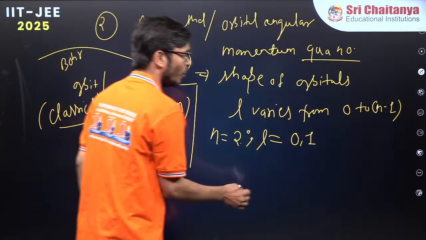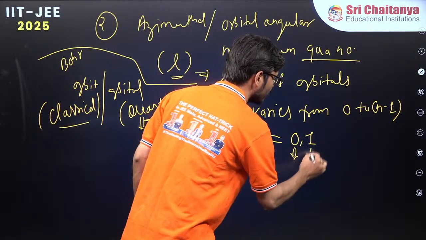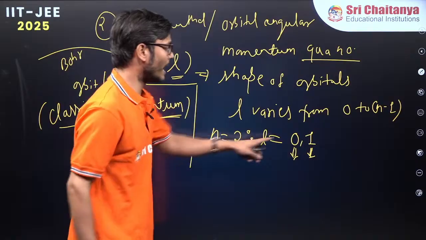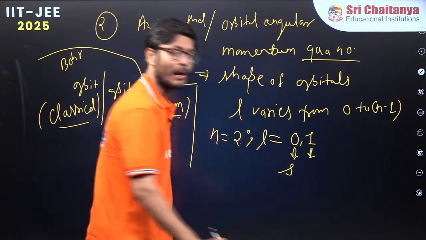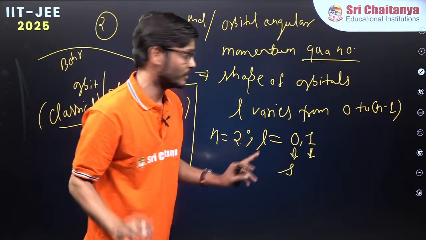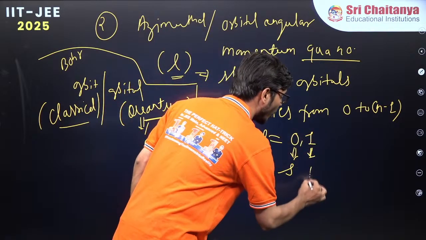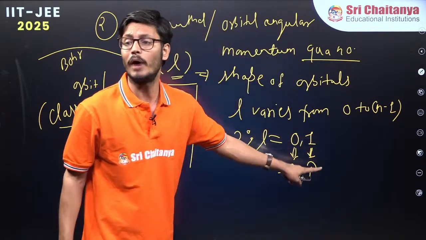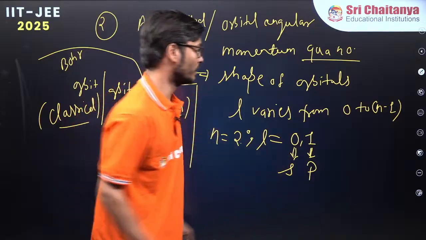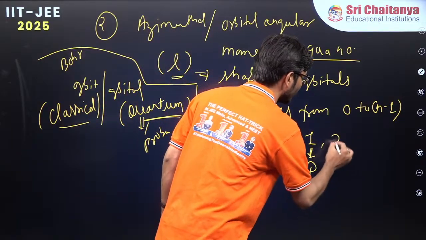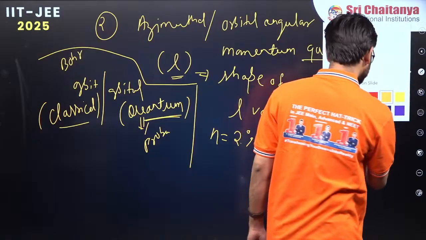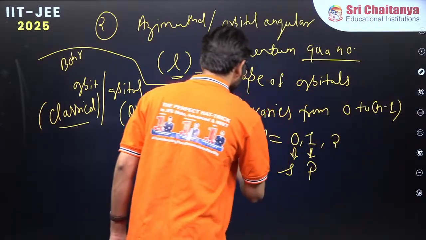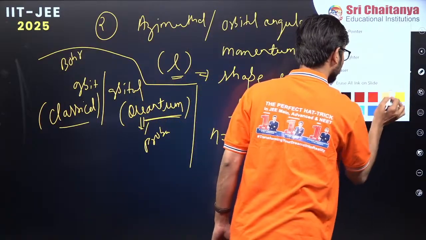Now, what is the meaning of this 0 and this 1? L value 0 means s orbital. L value 1 means p orbital. And what is the meaning of 2? Let us say n value is 4. If n is 4, what are the orbitals?